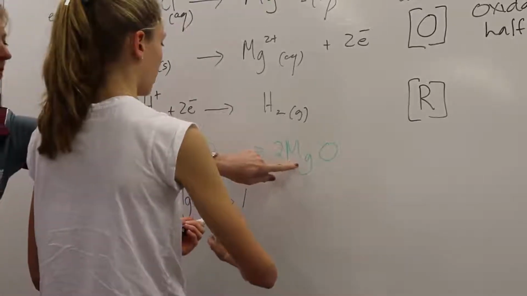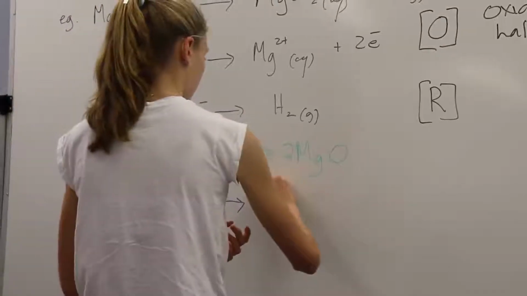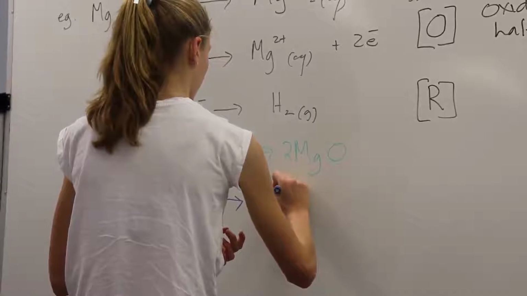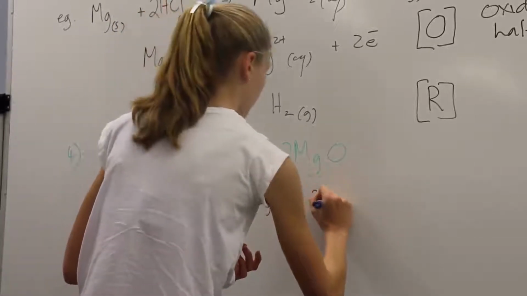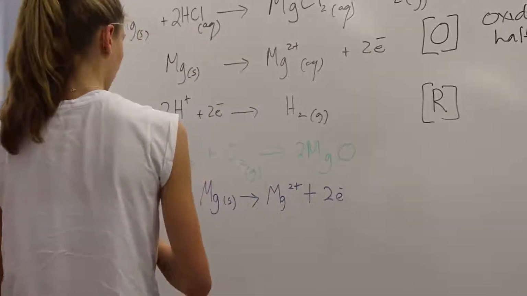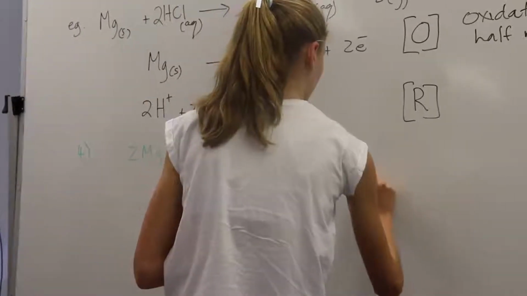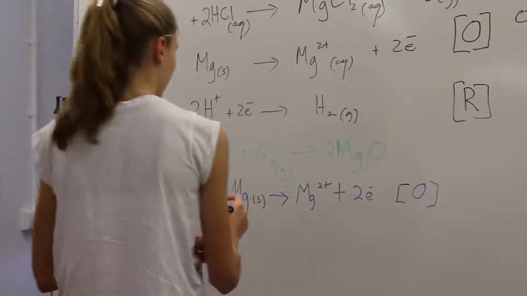So this, even though it's a solid, you can split it back up into its ions. So do that. Do you know what group the Mg is in? Group 2, yeah, that's right. Which one is that? Oxidation or reduction? Excellent. Beautiful. And then the reduction.